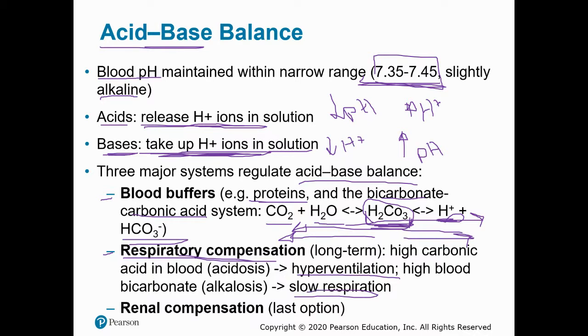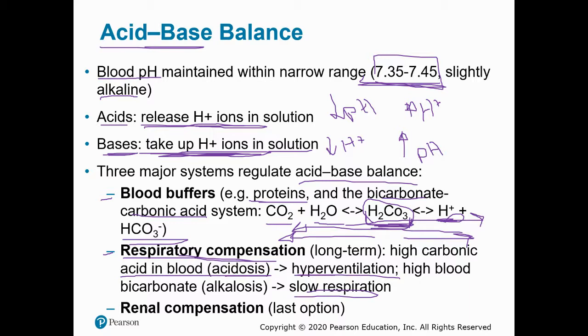When we exhale a lot, we get rid of carbon dioxide, and so we can shift the acid-base balance in the blood to become more basic. So we hyperventilate when the blood is really acidic, when we have too much hydrogen ion in the blood. By hyperventilating, we can help decrease the amount of hydrogen ions in the blood.